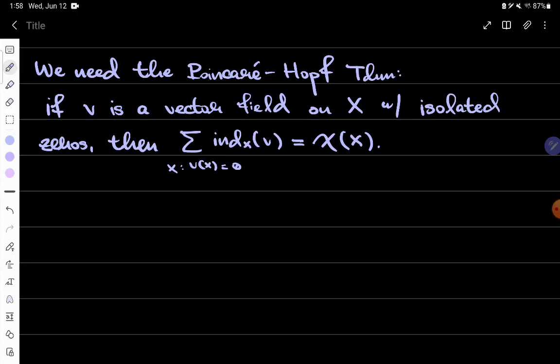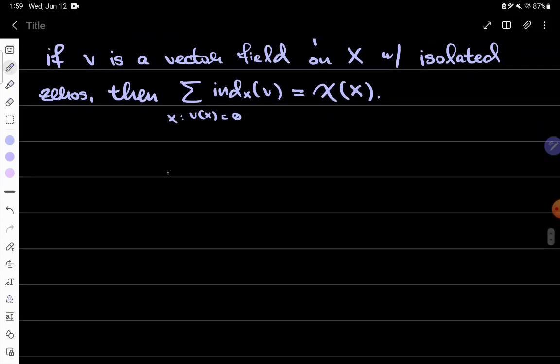Is the 0 vector at each of these x's. If you add these all up, then you get the Euler characteristic. And so index, I'm not going to go into a formal definition if you're not familiar, but the idea is that sources and sinks of vector fields should have a +1 index, and saddles have -1. So in some sense, it's measuring the local behavior of a vector field. So I'll give an example.